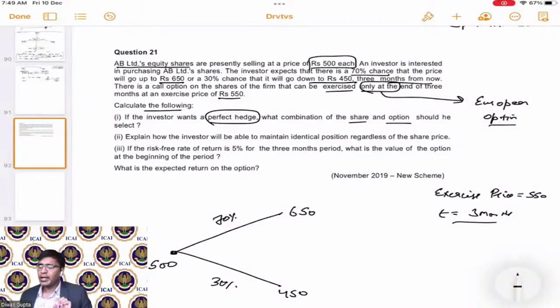Okay, let's wait. Namita, your query is how a buyer of an option knows today that this option will be out of the money or at the money in future so that they do not pay premium today. Okay, Namita. So that is where the expectations or the estimations of an investor will come into play, because he will have some expectations in his mind and hence we always work with probabilities.